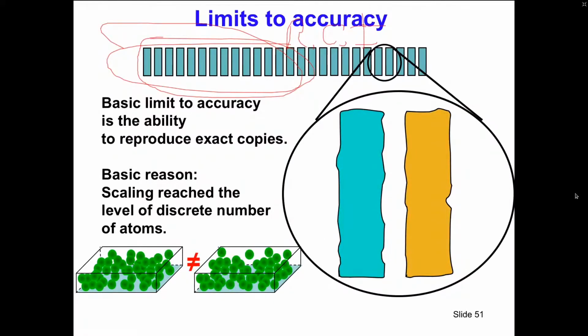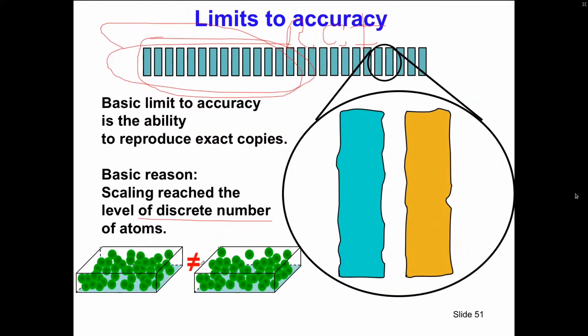Now, the basic reason why we face a problem is that we simply reach the level of discrete numbers. Essentially in a 65 nanometer transistor, there are roughly 100 dopant atoms, and the problem is, is it 103 doping atoms? And what does the neighbor do? Is that only 98 or 95?